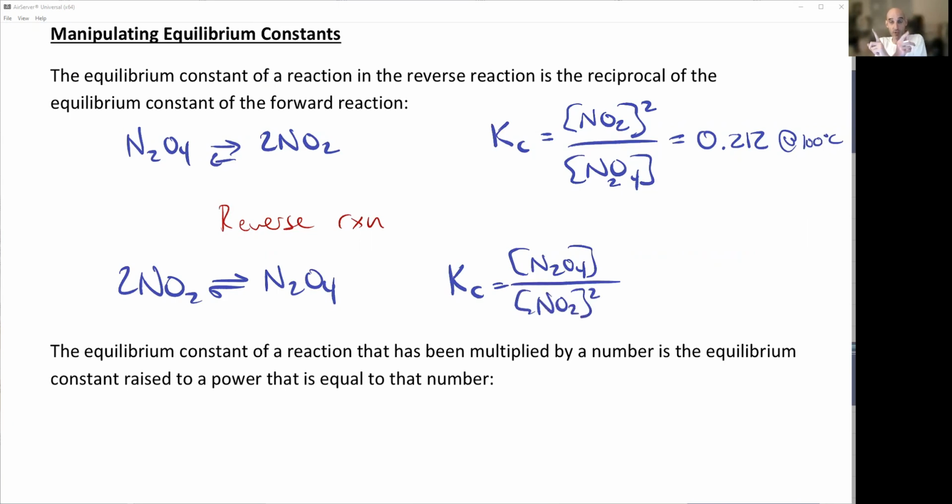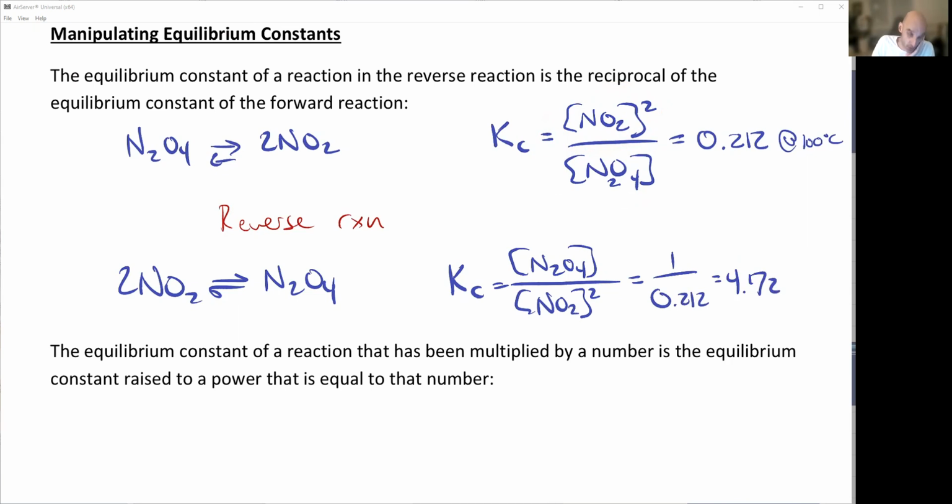So I reverse the direction, and notice what happened with these two. Now I have essentially just flipped them upside down. So if I flip them upside down, my new K value is simply 1 over 0.212, or in this case, 4.72.